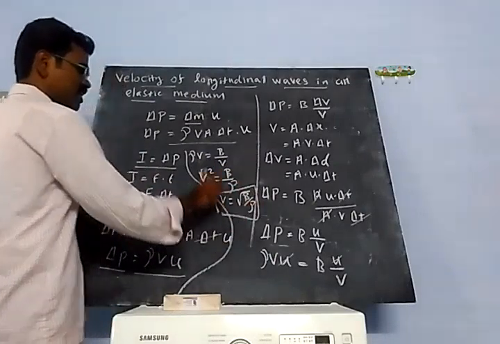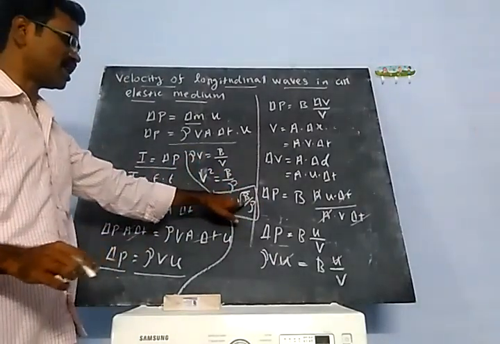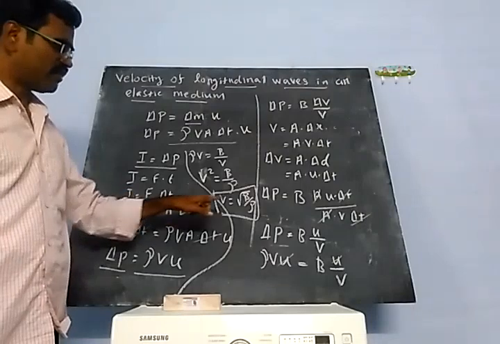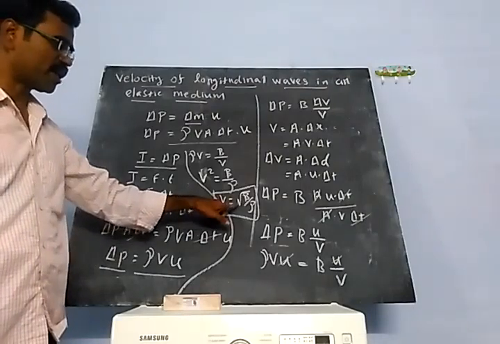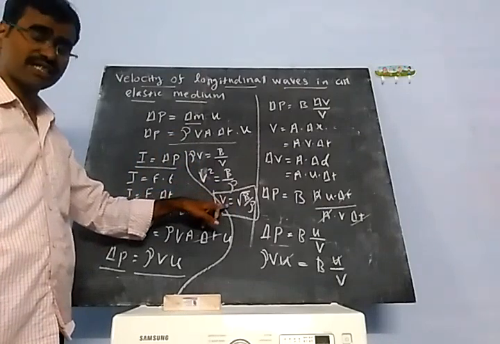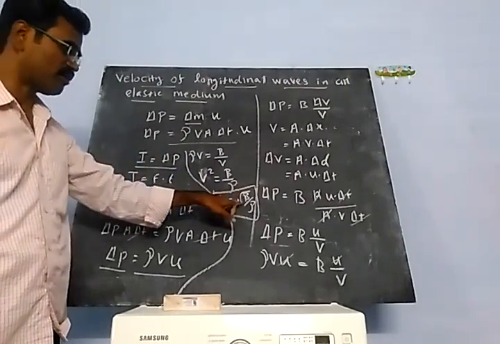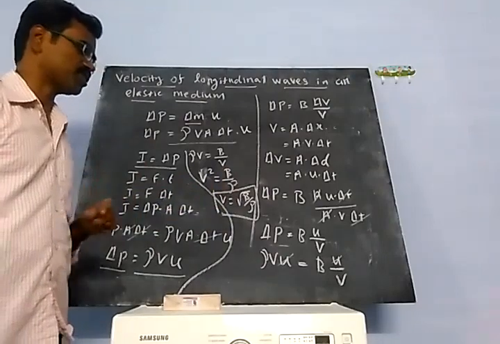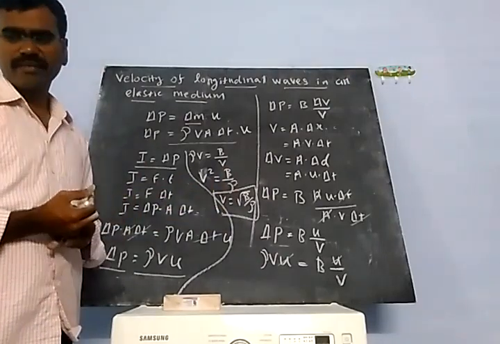So velocity depends upon the bulk modulus and density. So velocity is directly proportional to the square root of bulk modulus and inversely proportional to the density of air.